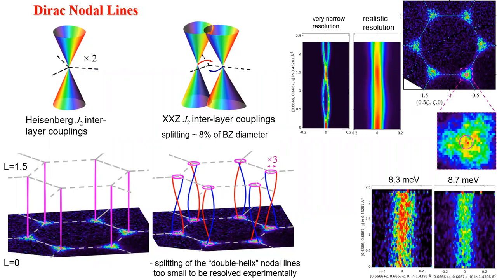Doubling the one, top one is doubling the bottom. Now if you get these two points separating like that, then these nodal points wind around the double helix as you go up, into the opposite side.